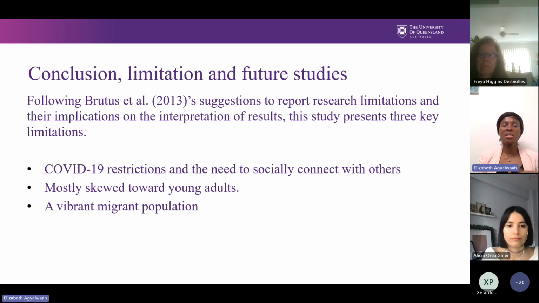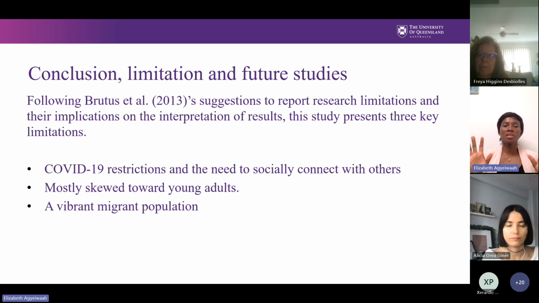And then we also see that lots of the people during that period, and also in relation to COVID, were young adults. We didn't have many older people in the population, and that's why a post-COVID study will be very much needed. Another thing is that Macau has a very vibrant migrant population.